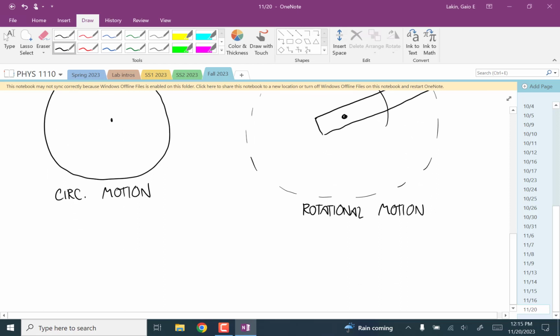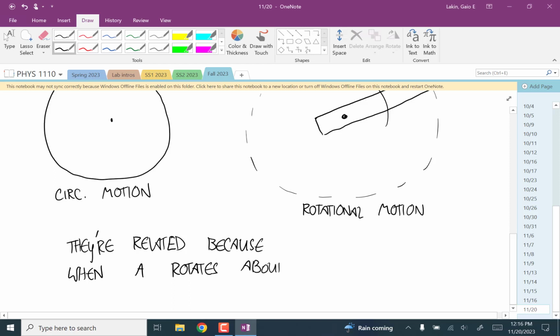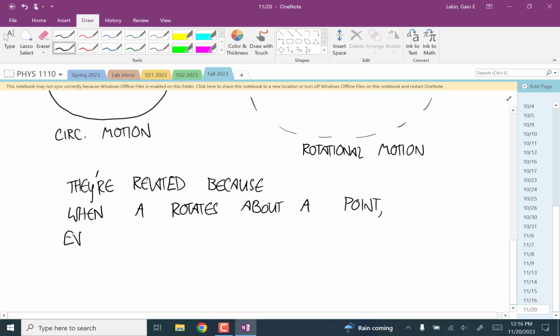The way they're connected, so they're related, because when a rigid body rotates about a point, every point on that rigid body is in circular motion around that about point.